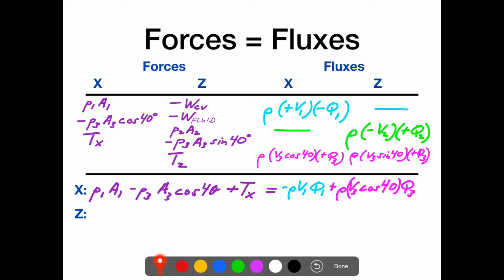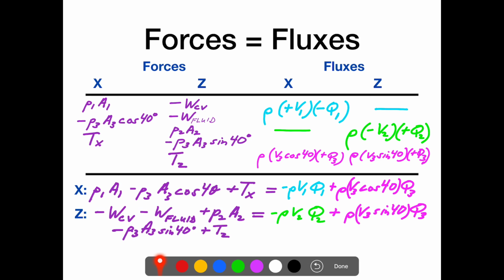For the vertical force, same thing. So we're going to take all of the forces here, we're going to add all those up, and we're going to set them equal to the sum of all of the fluxes in the z direction. So we have another equation for z, looks like that. A little bit messy, but I think you know where it all came from, so it's nothing too surprising. And again, depending on what is known or unknown, you can solve for different things.